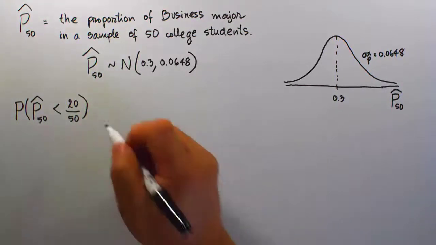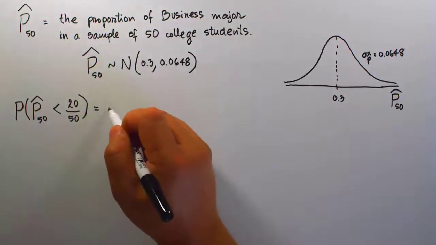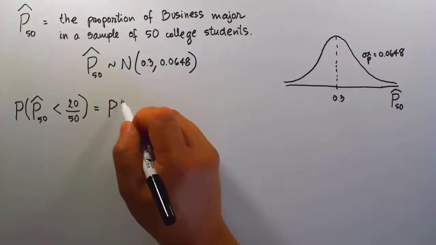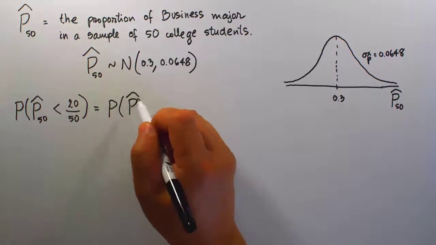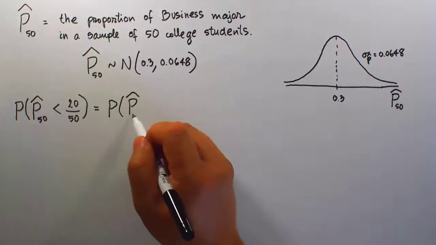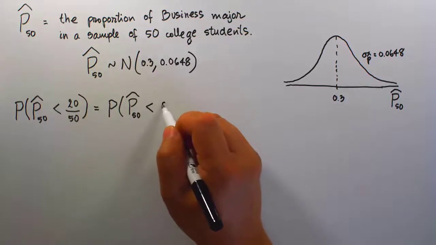And 20 out of 50 has an equivalent value in decimal. That is the same as looking for the probability where capital P hat 50 is less than 0.4.